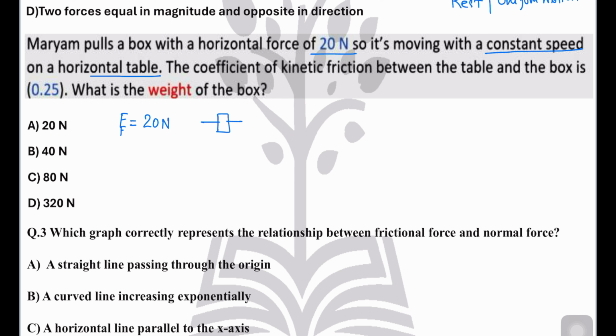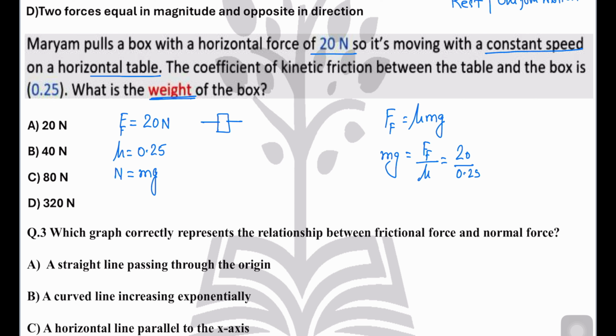The coefficient of kinetic friction, mu, is equal to 0.25. What is the weight? N is equal to mg. As we know, force of friction is equal to mu times mg. So mg is equal to force of friction divided by mu. 20 divided by 0.25 is equal to 80 Newton.